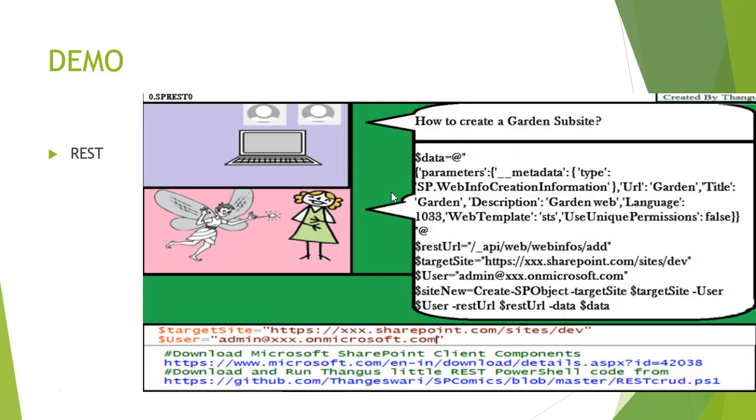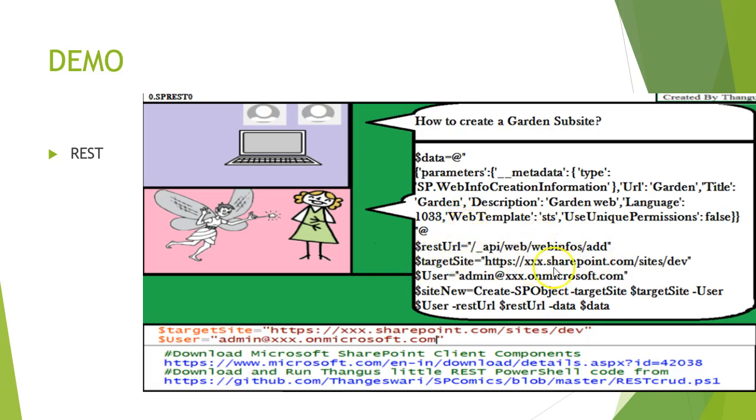So let's move on to the next one, REST API. This is a sample of how a REST API is called, where you have to pass the data parameters if you want to create some data, and you have to give the URL. The REST URL will start with _api followed by web or site and something which you get from the Microsoft site depending on the object.